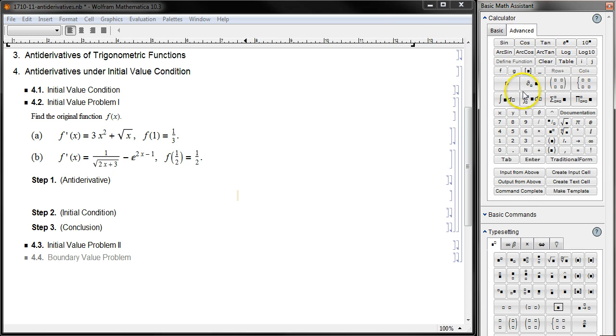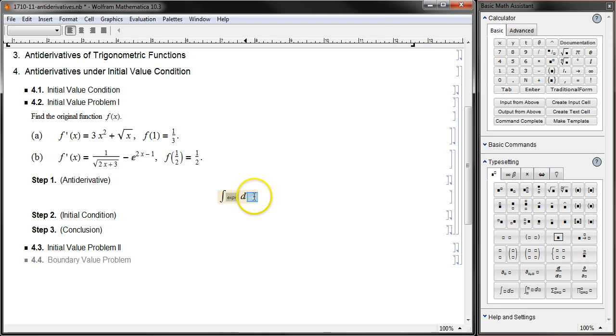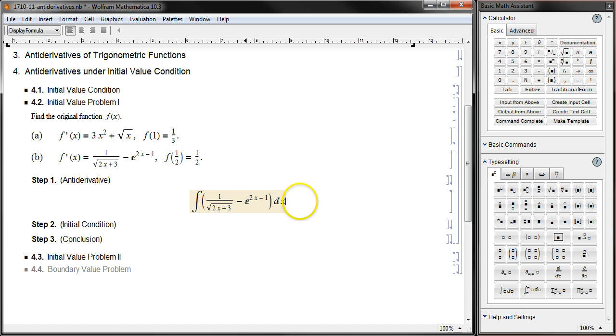Let's do antiderivative computation for something like this one. How do you handle that? Well, please note that this is a power function. Don't look at it as a reciprocal function and then imagine a log function in there.